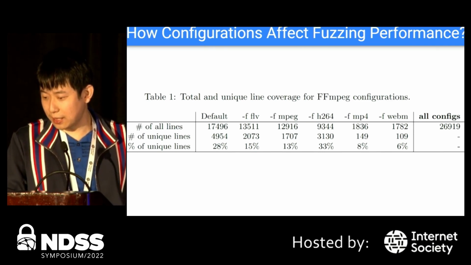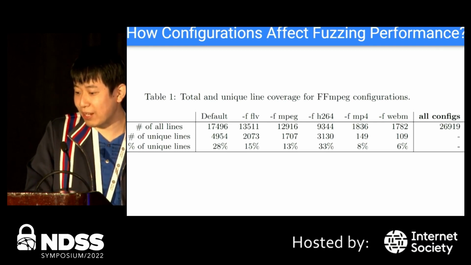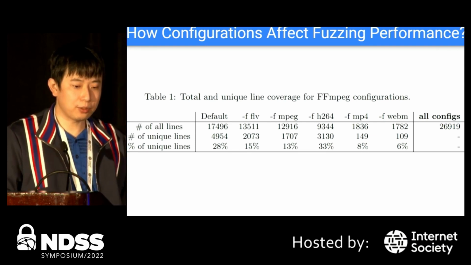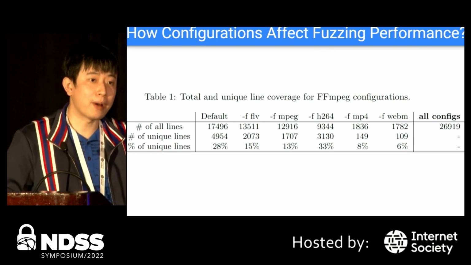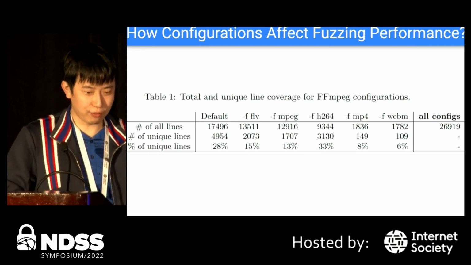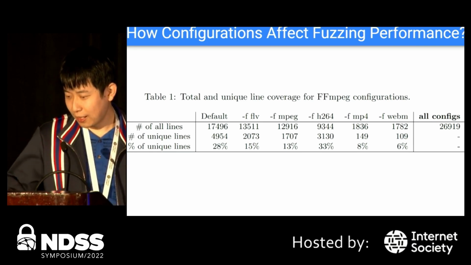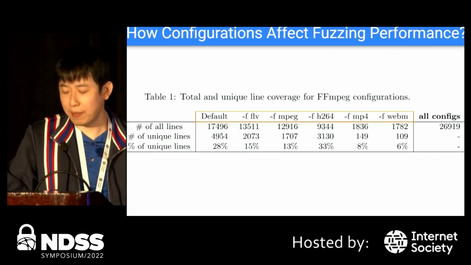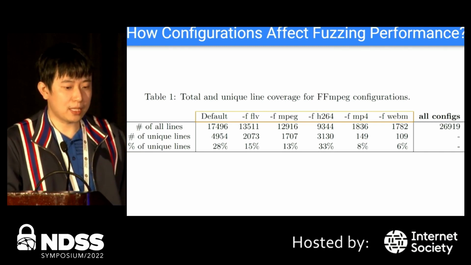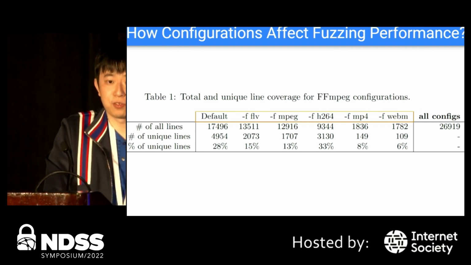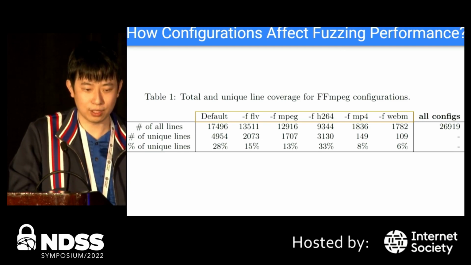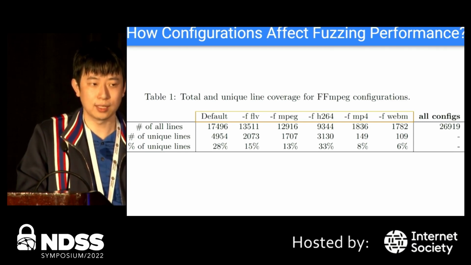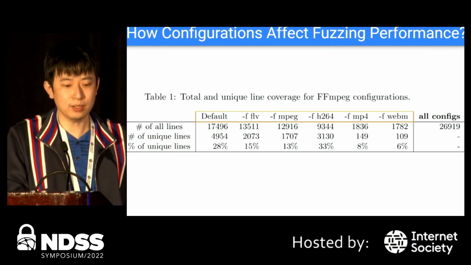This table shows the result for the program FFmpeg. On the first row, we have the number of lines covered by each single configuration. For FFmpeg, the configuration space is constructed as follows. We first include the default configuration of FFmpeg, where we do not specify any command line option.